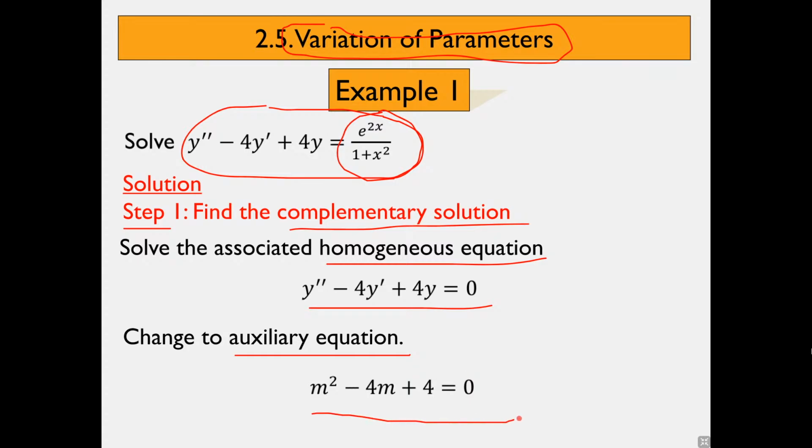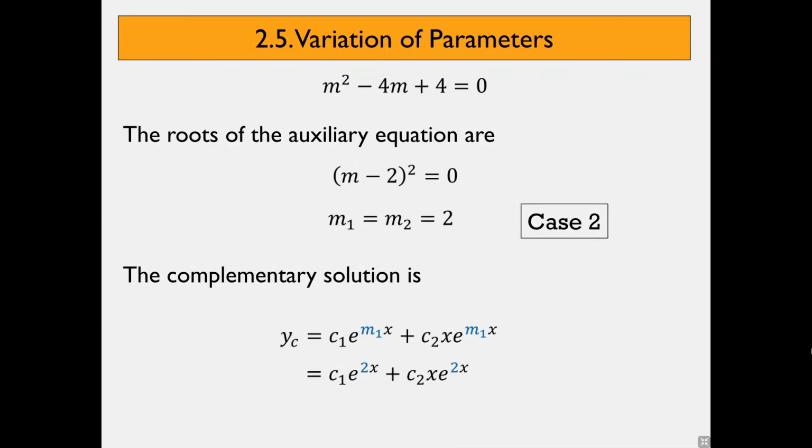You try to factorize it by using factorization or the quadratic formula. In this case it is easy to factorize: (m minus 2)(m minus 2) equals 0. So your m1 equals 2, your m2 equals 2. These are two equal roots.